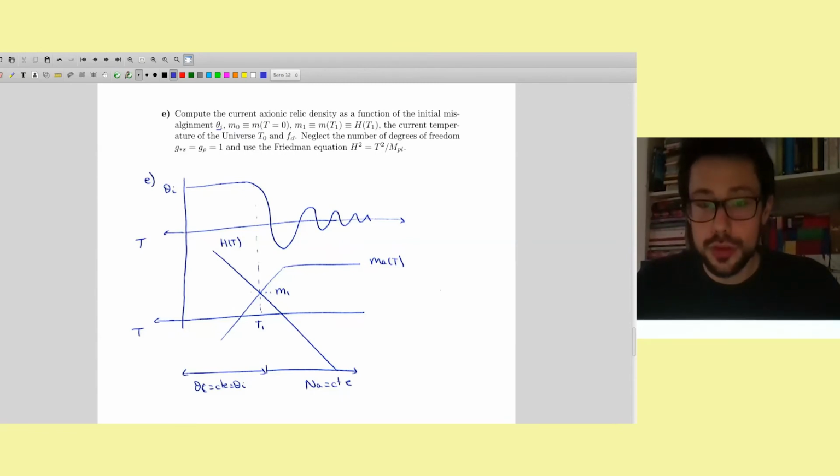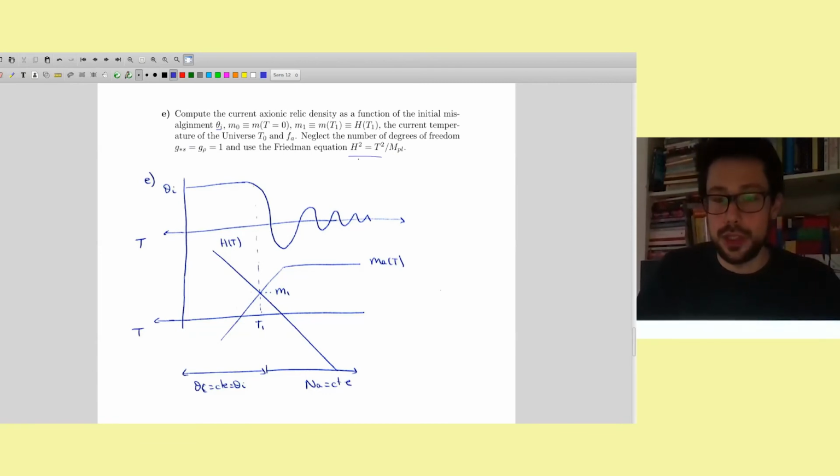In order to do so, we're going to neglect the number of degrees of freedom in the expanding universe. We're going to assume that this is equal to 1. And therefore, we're going to use the Friedmann equation that tells me how the Hubble parameter evolves as a function of the temperature of the thermal bath.